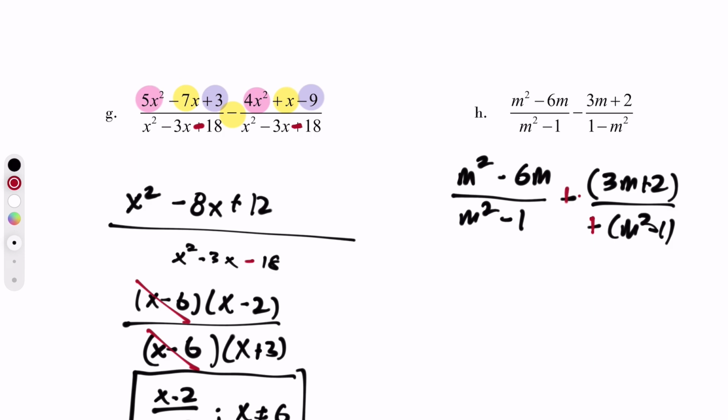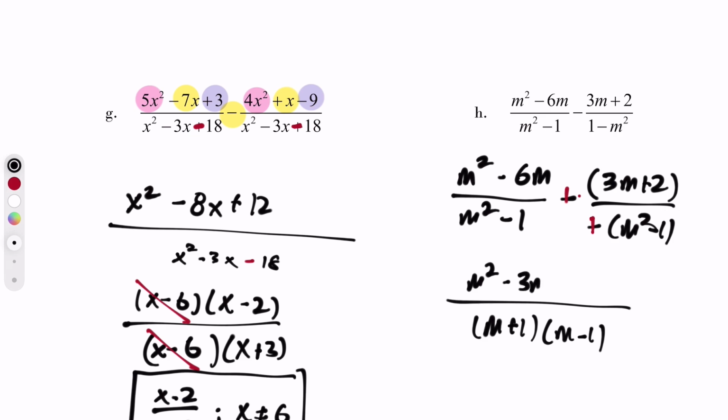So what I end up getting in my denominator is m squared minus 1. Or I'll probably just say m plus 1, m minus 1. And my numerator is m squared minus 3m plus 2. Take a moment and look at that if it doesn't make sense. However, I do know that this numerator factors.